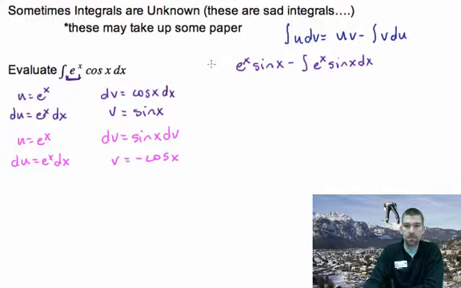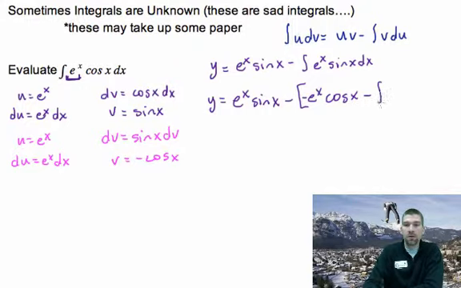So here we go. Now the integral is going to equal e to the x sine x minus, and look right here what we've got. We need u times v, so that's going to be negative e to the x cosine x, minus the integral of v du. And look here, it's minus e to the x cosine x dx.